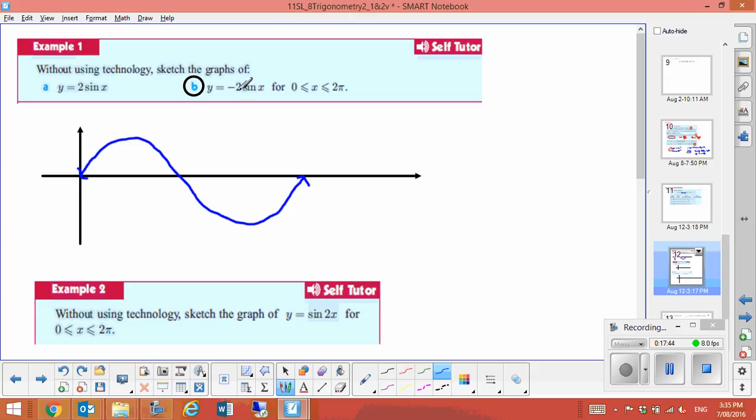If it's minus 2, the minus tells me there's been a vertical reflection or a vertical flip. So that means it's now doing this.